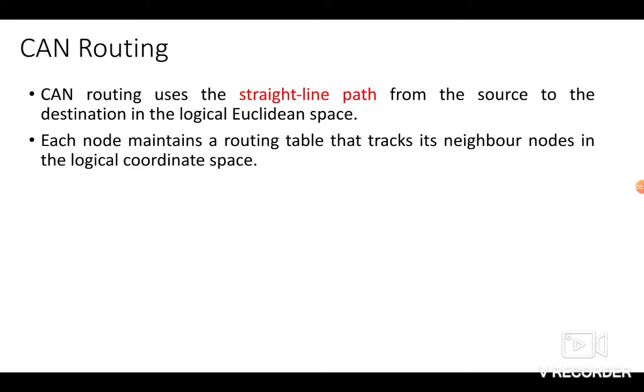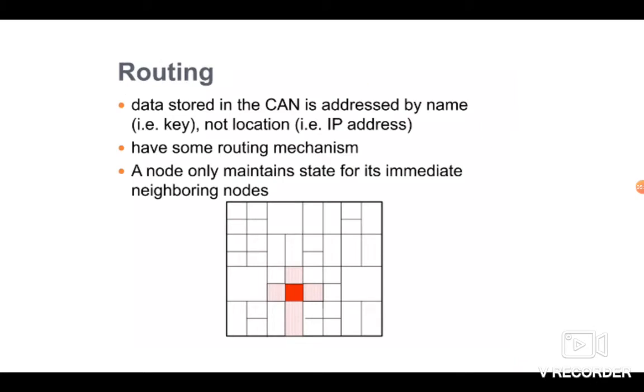The second task is CAN routing. How does CAN route the request? It uses the straight line path from the source to the destination, using the greedy algorithm. It maintains a routing table in which all the neighboring node details and their logical coordinates are stored. The data stored in CAN is addressed by the name, that is the key.